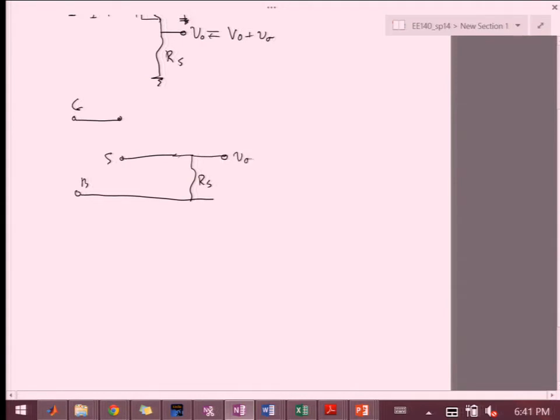So this is our Vout. And then I have this piece over here, and then I have R naught.